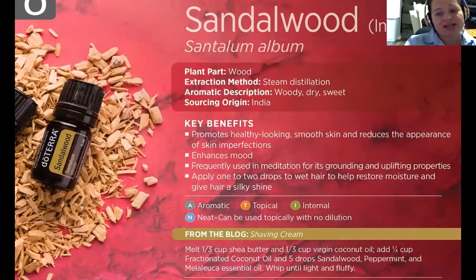It promotes relaxation and reduces stress. Sandalwood is much like frankincense with high levels of sesquiterpenes. It is frequently used in meditation for its grounding and uplifting properties. I like to add sandalwood also to my hair because it leaves a great aroma all day.